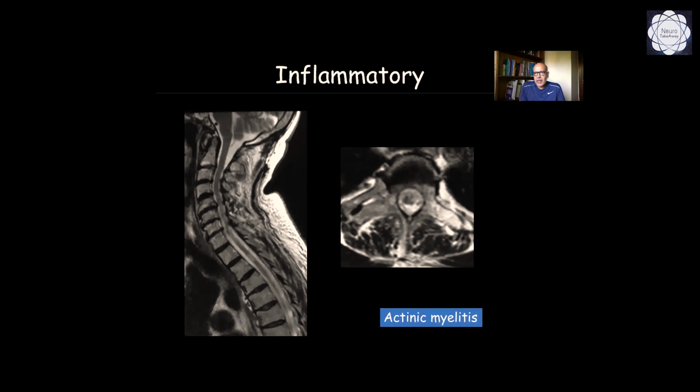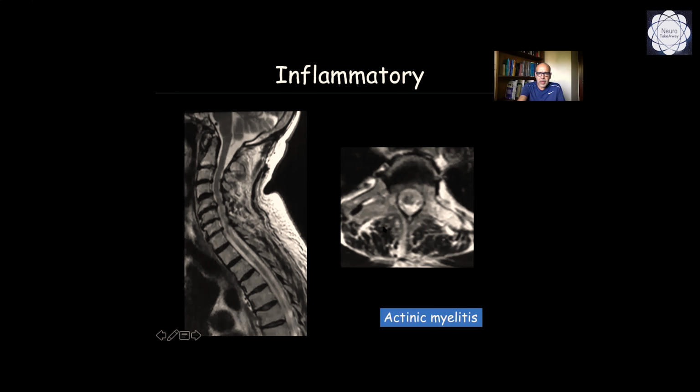Regarding the spinal cord, you know very well the actinic myelitis. Unfortunately, this is not a very common complication, but I like to show you this patient because it was very didactic for us. The patient was a middle-aged woman with subacute paraparesis, and we discovered this small lesion in the upper dorsal spinal cord on T2.